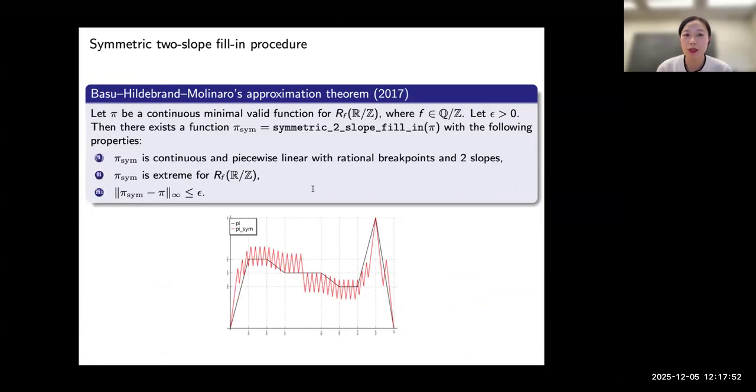Given a continuous minimal valid function, we can approximate it by another function that is extreme, that is continuous piecewise linear with rational breakpoints and two slopes. However, the construction in this theorem does not preserve the function value at the grid points, so it is also not good to prove the master theorem.